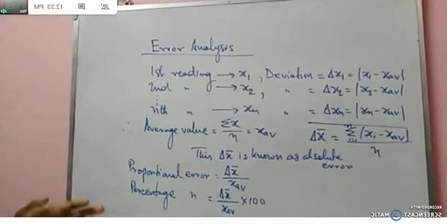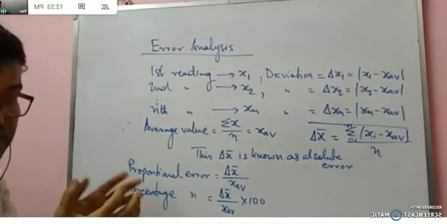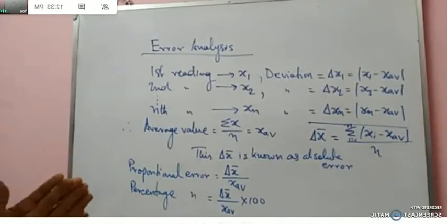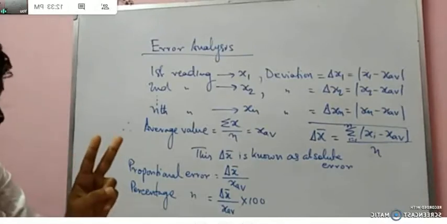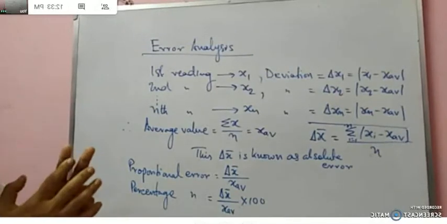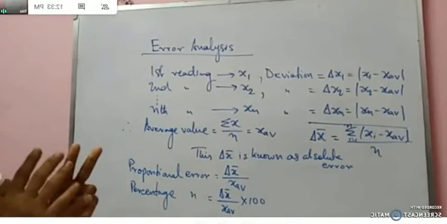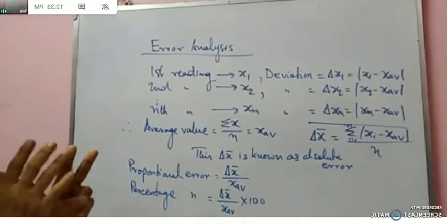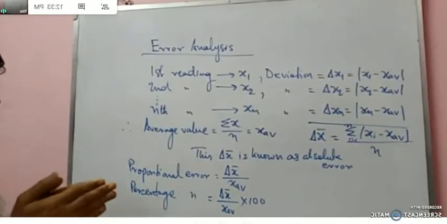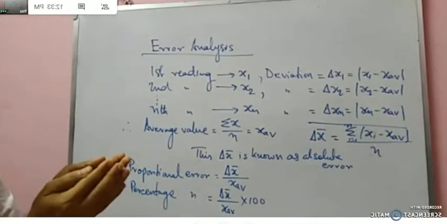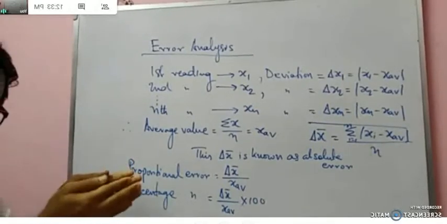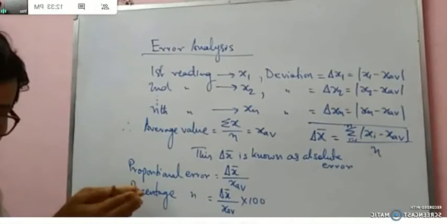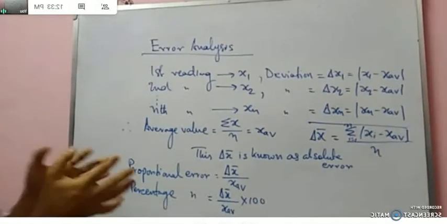Now after that there is combination of error or propagation of error. Suppose there are two physical quantities. We are adding them, subtracting them, multiplying them, dividing them. In that case, what will be the net error during addition, subtraction, product or multiplication, and division? So what is the resultant error?